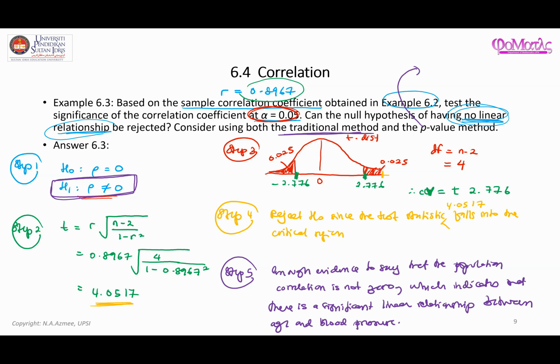You will see that the p-value is between 0.01 and 0.02. You compare the p-value with alpha, and you can see clearly that the p-value is less than alpha, which leads to the same conclusion of rejecting H null.